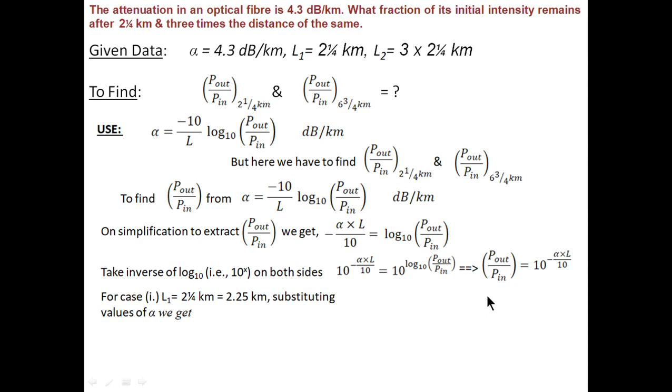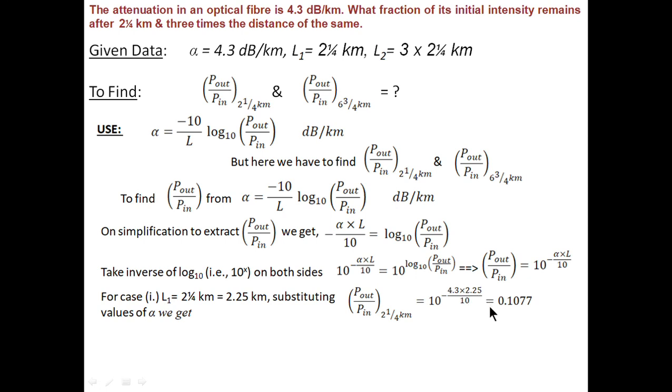Substituting alpha, P output by P input for the distance of 2/4 kilometer is equal to 10 power minus 4.3 into 0.25 divided by 10. A quarter of a kilometer is 0.25 kilometer, that is 250 meters.